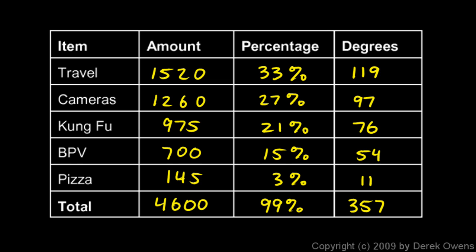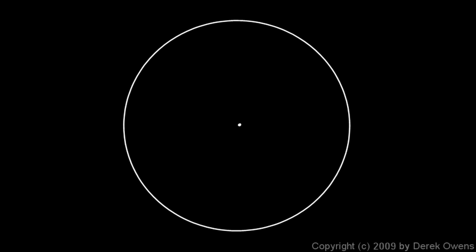Now we just need to draw our circle with sectors marked off with those measurements. So here's our circle. We'll start by drawing a line across here. It's usually easy to start with a horizontal line. And then I'll measure around here. Really, you would want to take your protractor and line it up with the bottom edge and get this angle accurately.